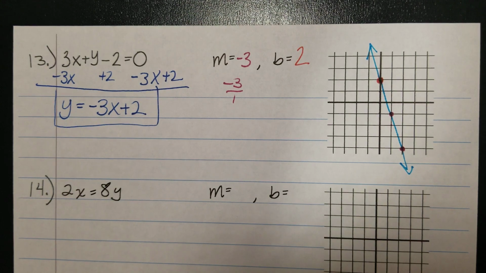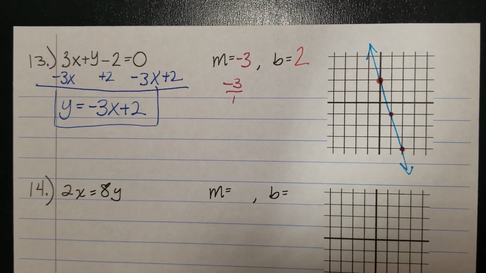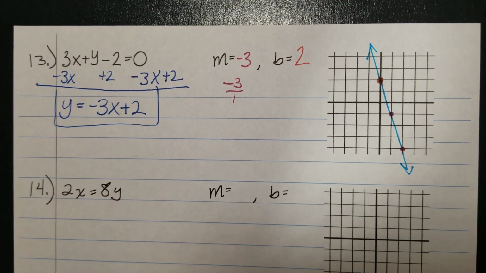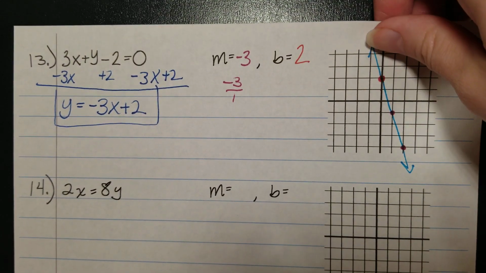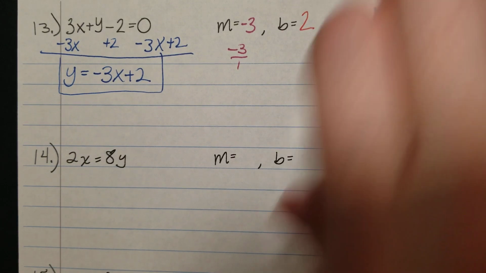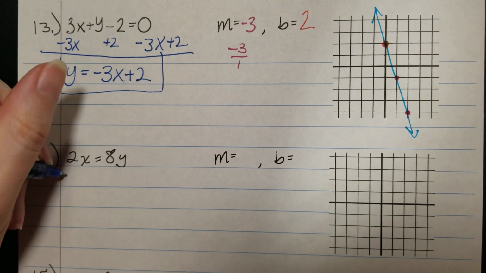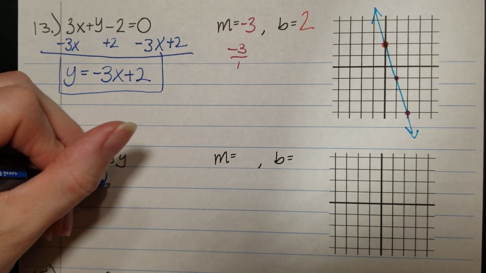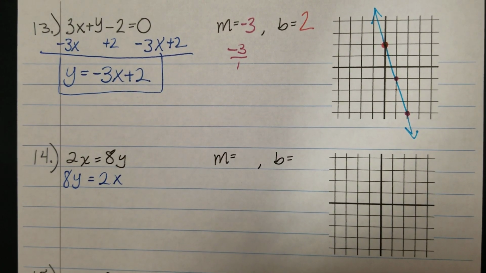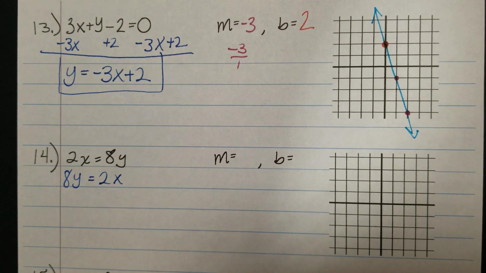All right. Number 14, 2x equals 8y. So I like to have the y on the left, so I'll just start by flipping it around. So it'll be 8y equals 2x. And then I want to get y by itself.